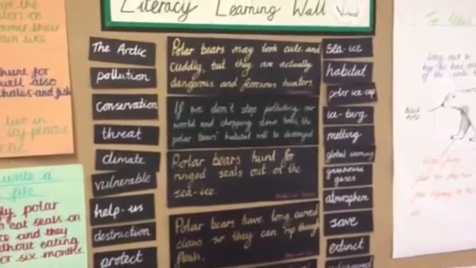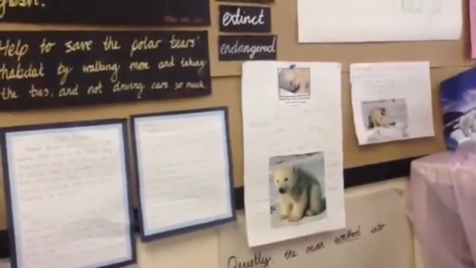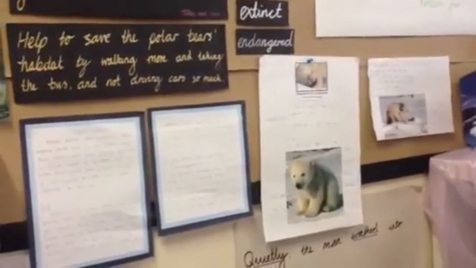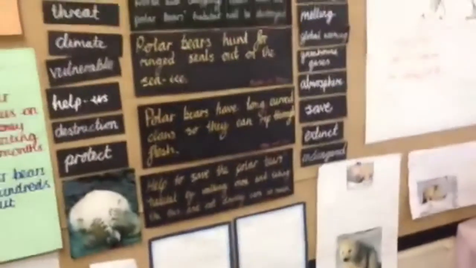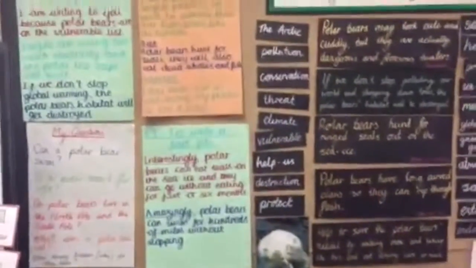What I really like about this as well is that we've also included on our learning wall some of the children's attempts, so that the modelling is not just the adult modelling, but the pupil modelling as well. And that's a really good thing to include, because it says to children that their writing can also be used as best practice and exemplified, and it also means that they're included in that learning journey.